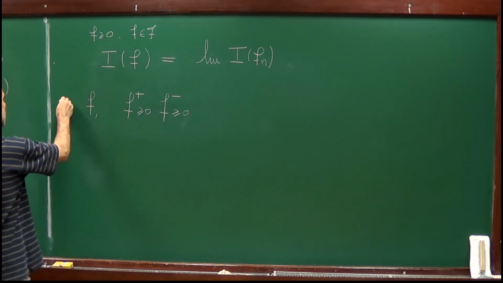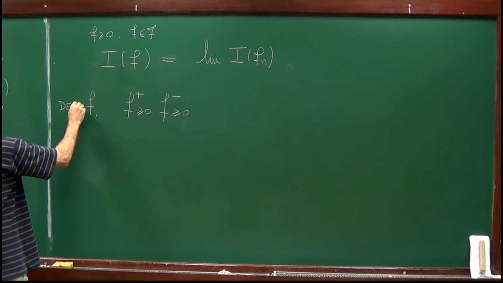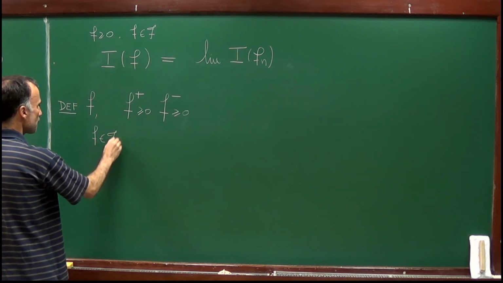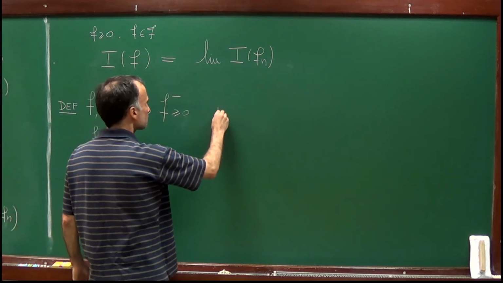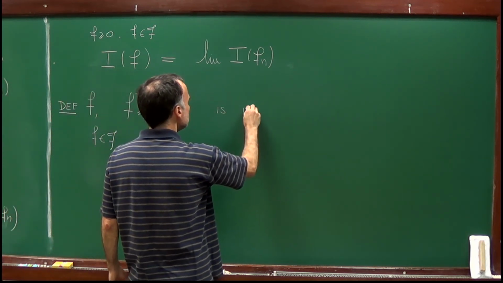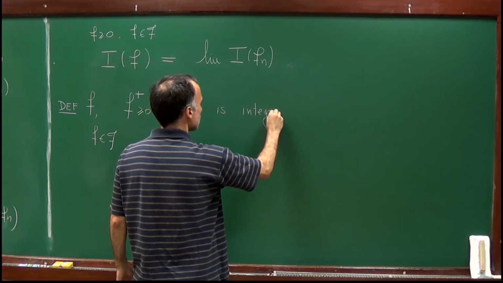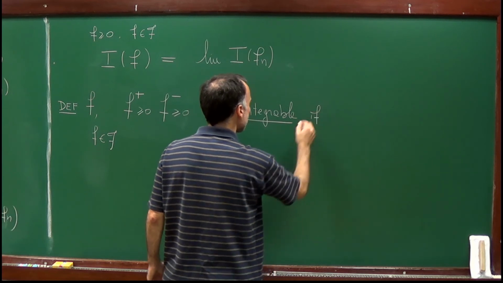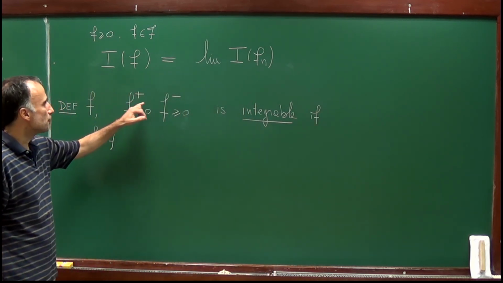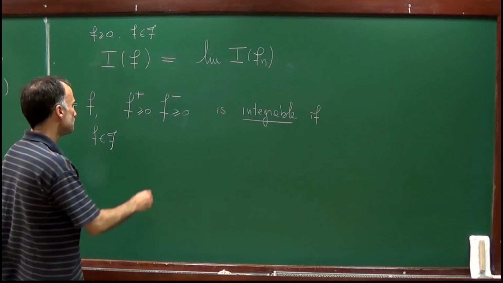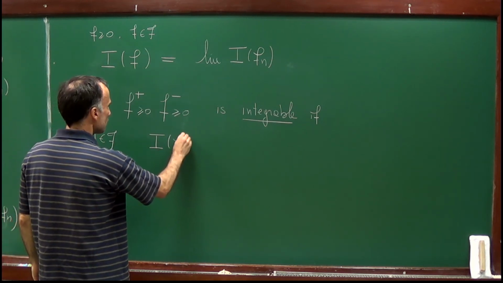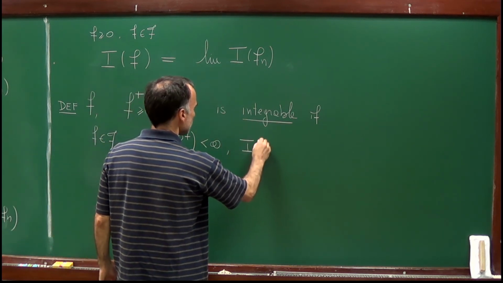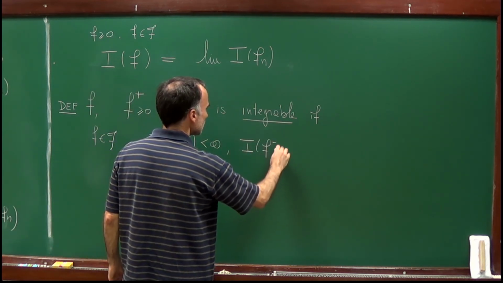So, definition: I will say that a measurable function is integrable if both its positive part and its negative part are integrable. So both I(f+) is finite and I(f-) is finite.